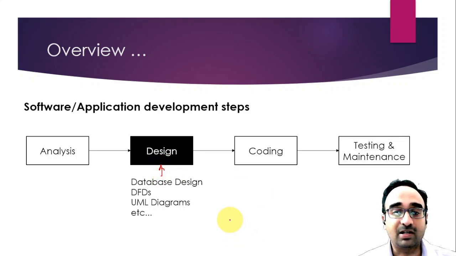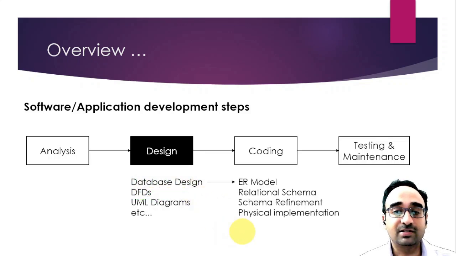And we are concerned with database design. So what are the different tasks in this? We will create an ER model, that is ER diagrams, where you will have entities, relationships and also attributes, and using this ER model we will convert them into a relational schema, of course if your data model is based on the relational model.